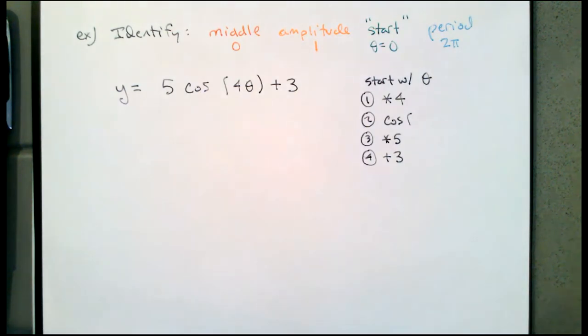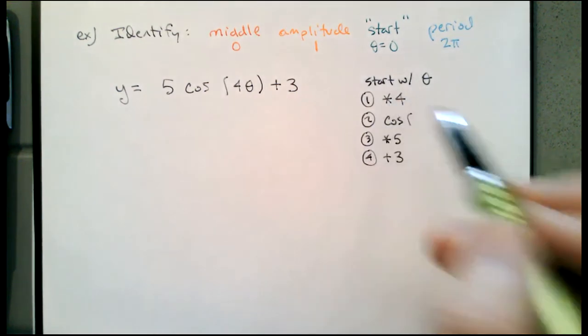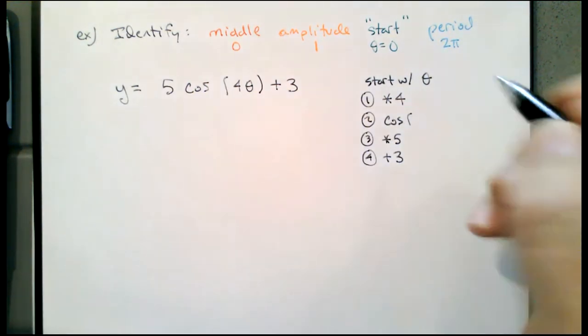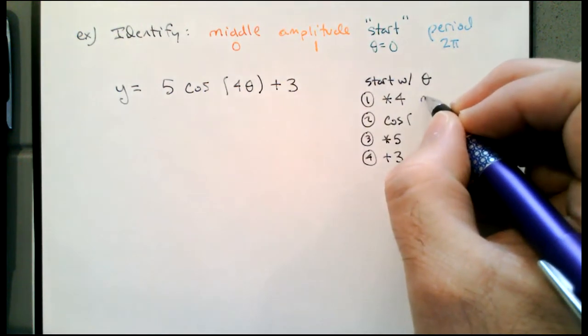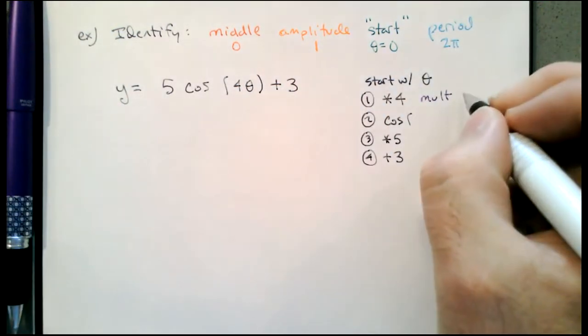So we can see here in step 2, this is where the trig function has happened. So that 4 represents multiplication before the trig function. It's multiplication, and it's happening before the trig function.